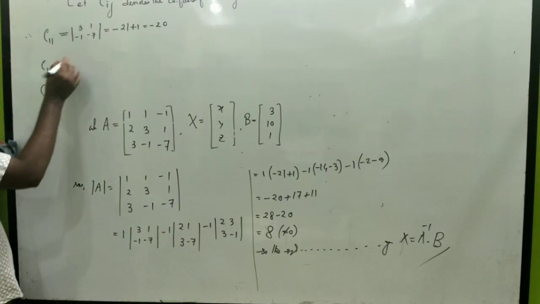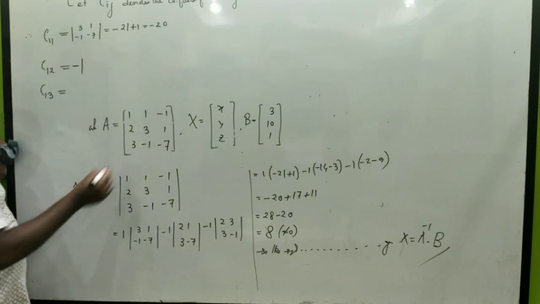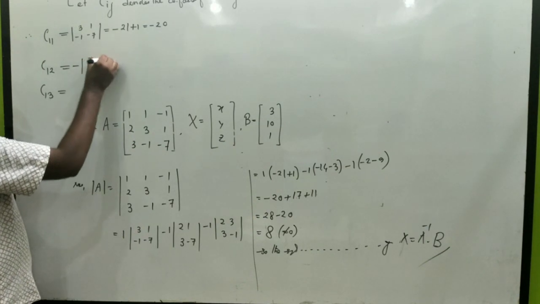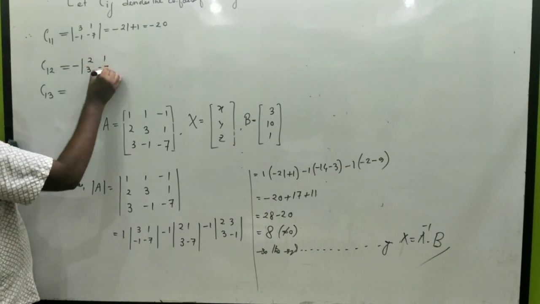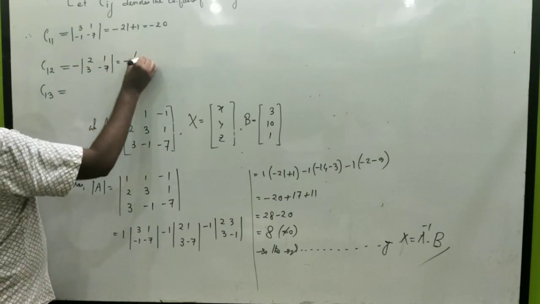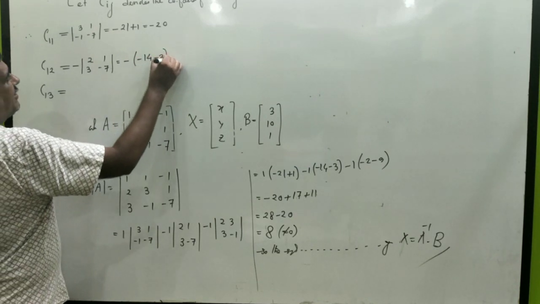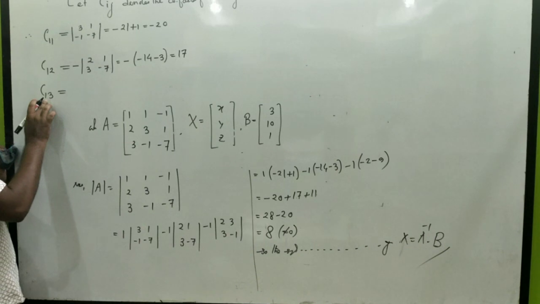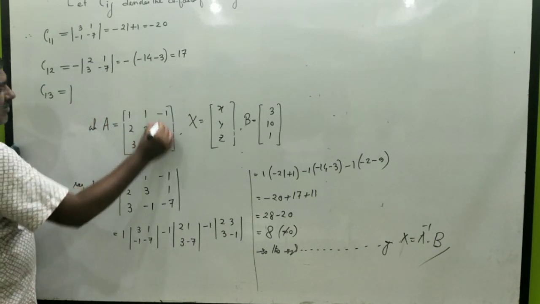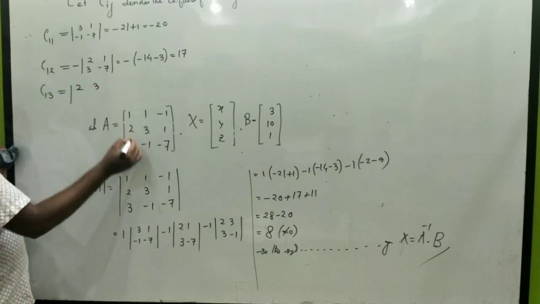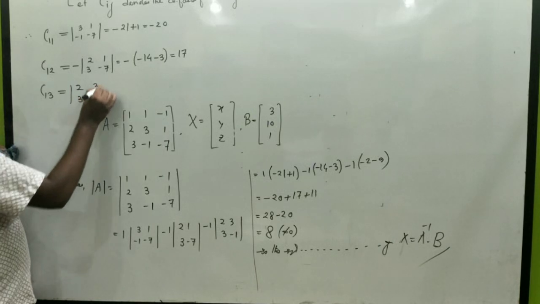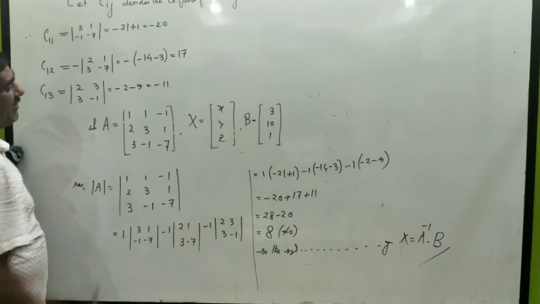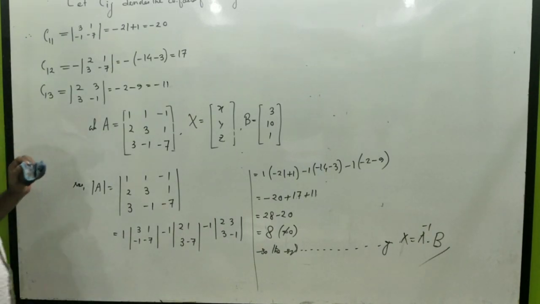Then 1 plus 2 means minus. Second, suppressing the row and column, we get 2 1, 3 minus 7, so minus 14 minus 3, that is 17. Clear? 1 plus 3 is even and it will be positive. 2 3, minus 1, that is minus 2 minus 9, minus 11. So the cofactors of row 1 are ready.